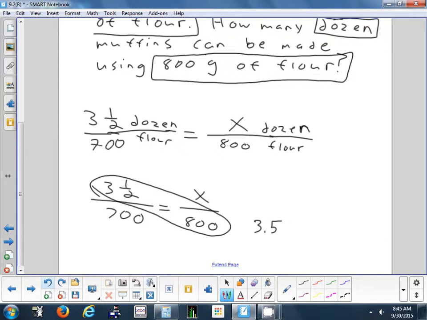It's going to be easier to type in the calculator that way. So 3.5 times 800. What's going to come after that? What symbol do we put next? Yep, equals. And Gabe, what goes on the other side? 700x. Yeah, nice job. 700 times x.